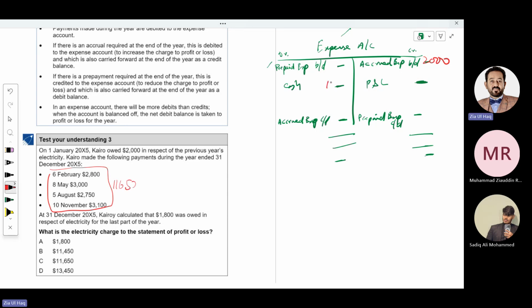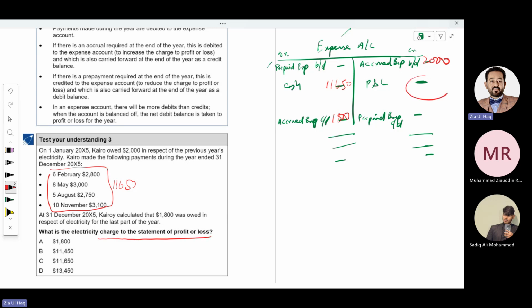So this is the cash payment, 11650. At 31st December, at year end, Caro calculated that 1800 was owed in respect of electricity for the last part of the year, meaning the closing accrual is 1800.